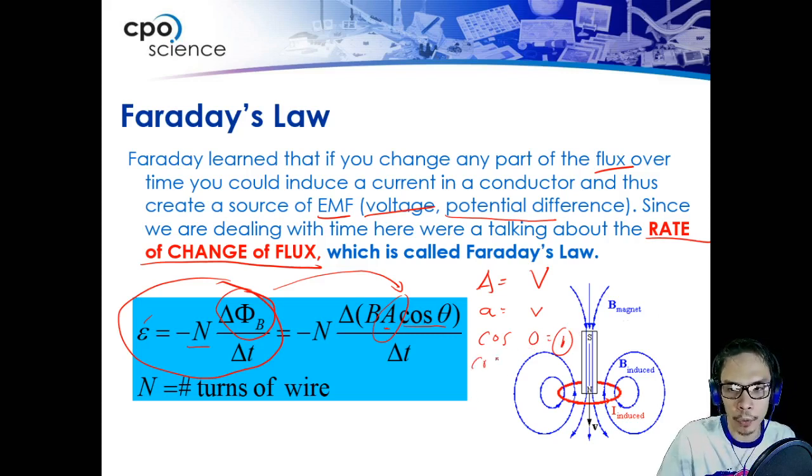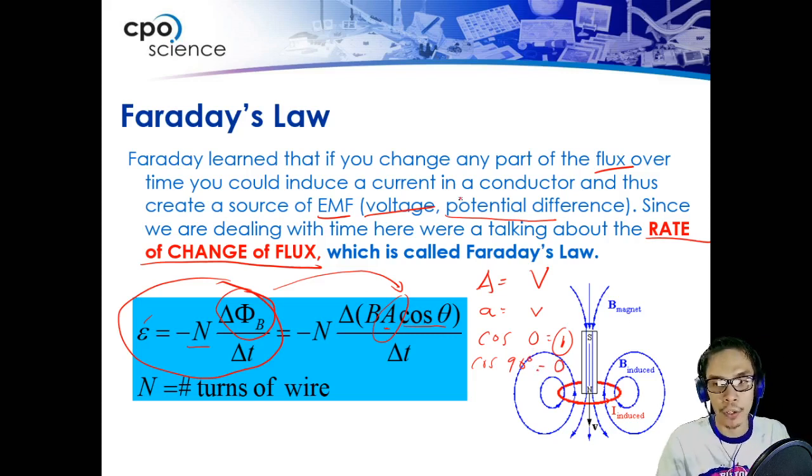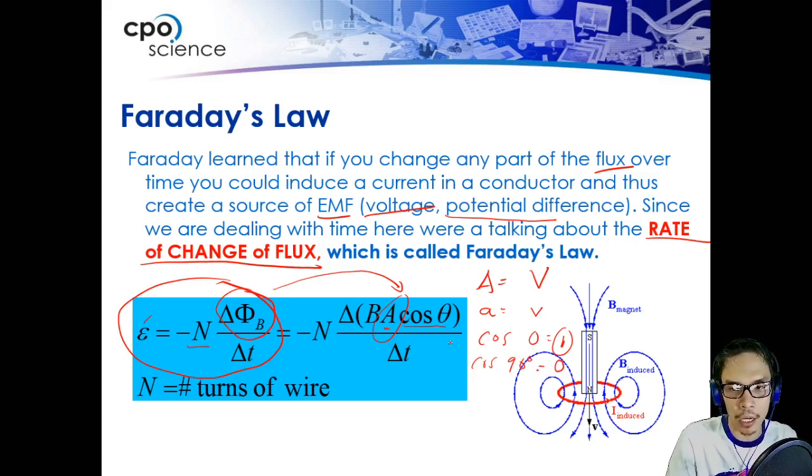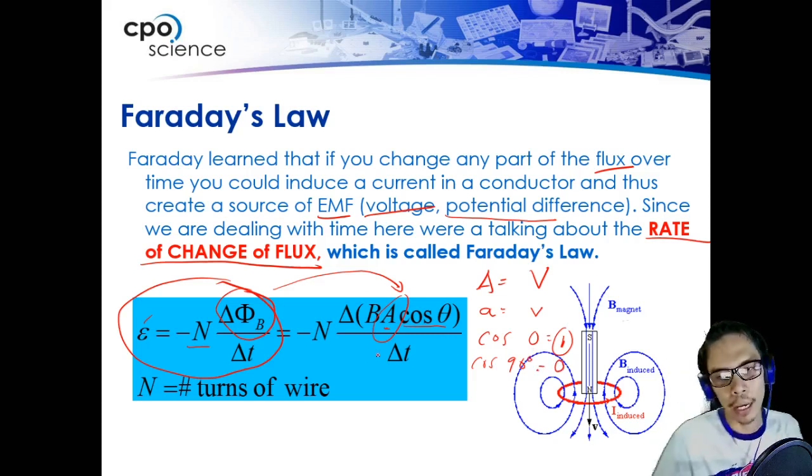But if you have cosine 90, if the coil of wire is at 90 degrees with respect to the magnetic field, it will produce no voltage at all, because the cosine of 90 is 0.